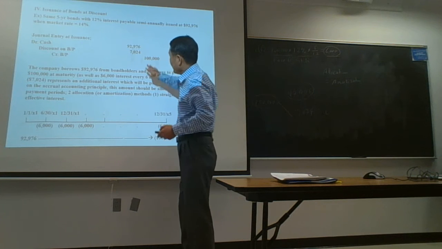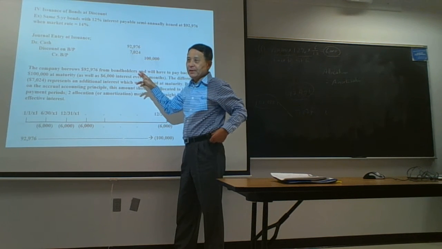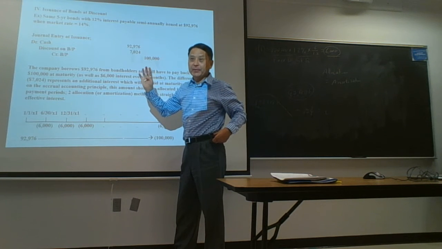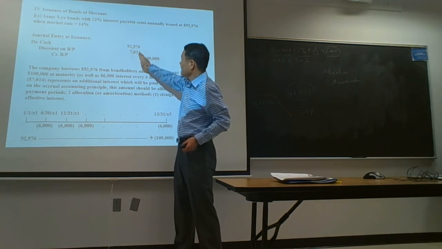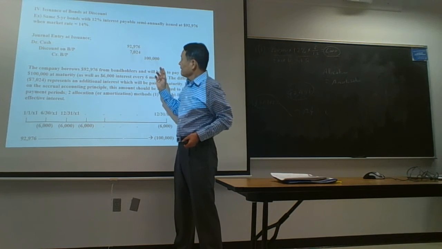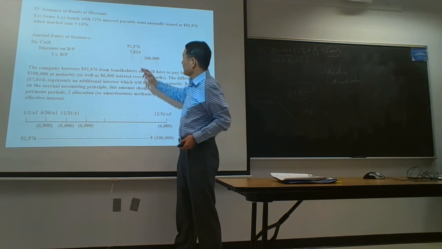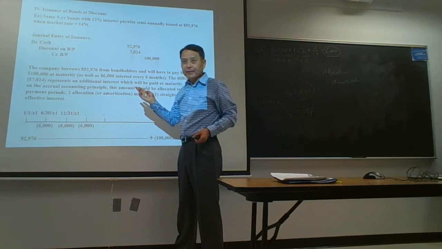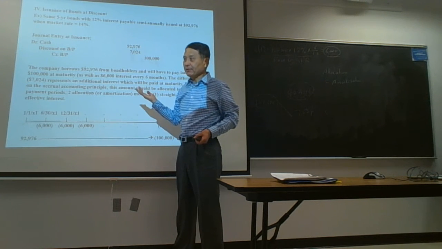As you can see in this journal entry, discount initially appears on debit. Okay, as I explained last week, this is a contra liability account, right? Even though this account has a balance on debit, this is not an expense, but a contra liability or negative liability, right?